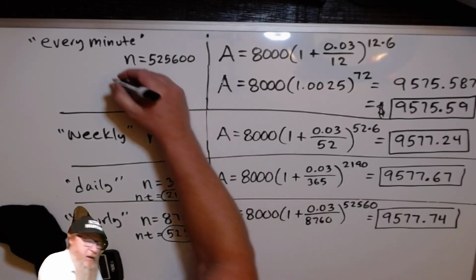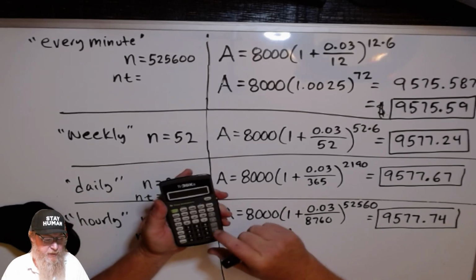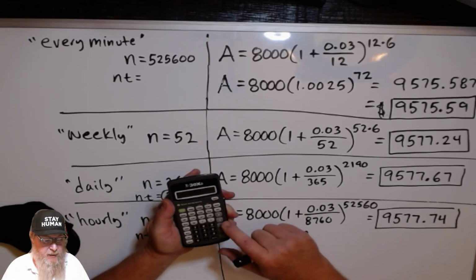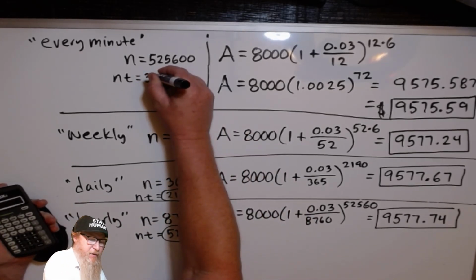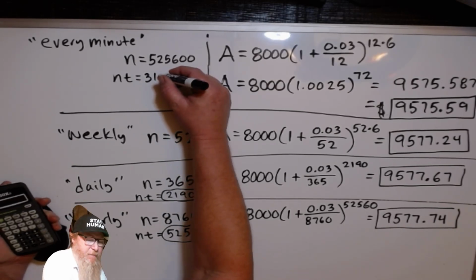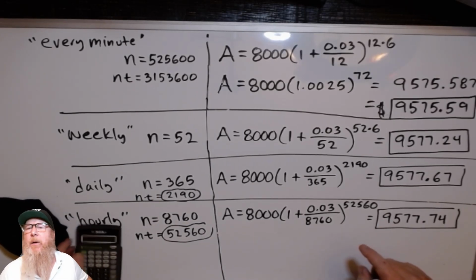Okay. Let's go ahead and do our NT, because we know we're going to need that. So we take our 525,600 minutes, and we multiply that by 6, and we get 3,153,600 is going to be our power.